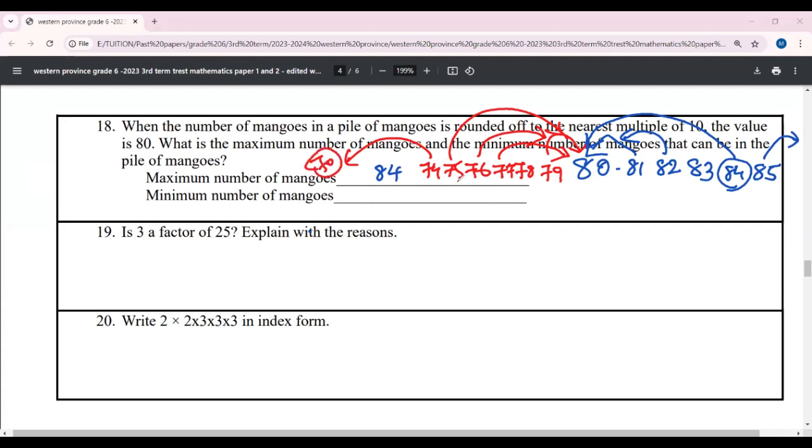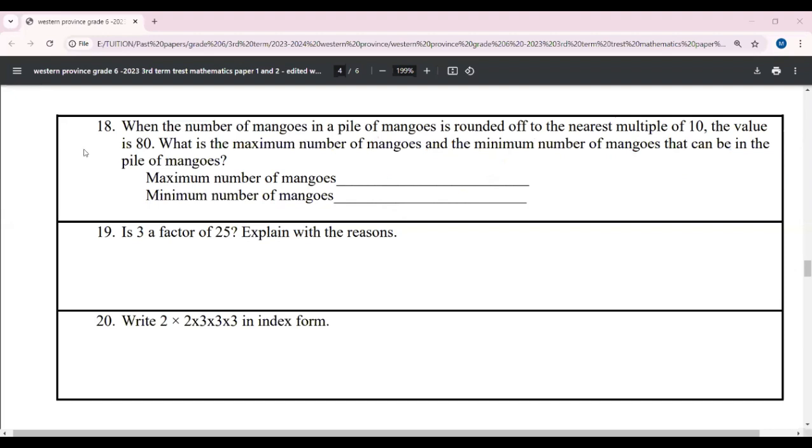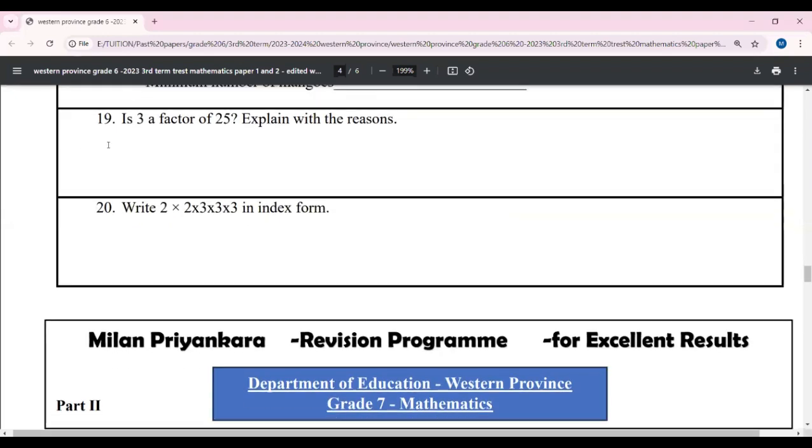Therefore, the minimum number must be 75. So the minimum number of mangoes is 75. The maximum number of mangoes will be 84, right?